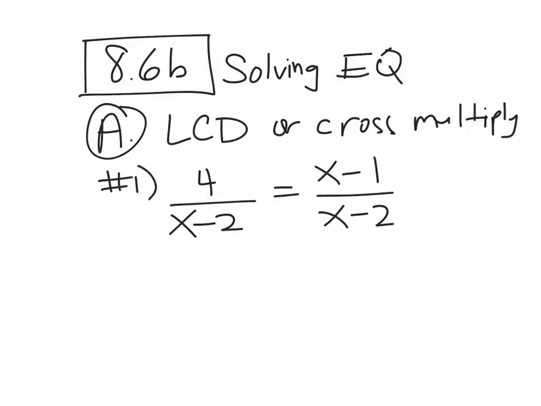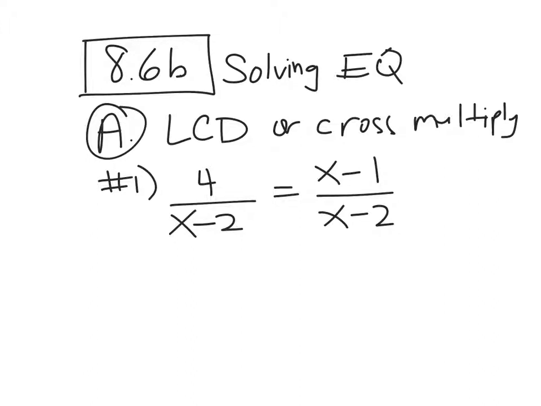Now, you can do this one a couple of different ways. You can look at this and go, well, the fractions are going to be equal to each other, and their denominators are already equal, so all I have to do is really set the tops equal to each other and solve. That's all you have to do. If you cross multiplied here, you'd have to FOIL and do a whole bunch of stuff, and then you'd get some answers that aren't going to work, actually.